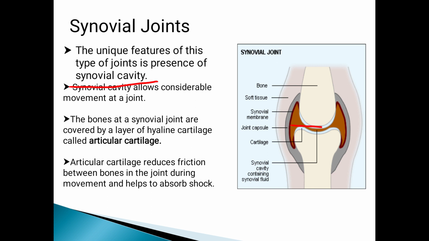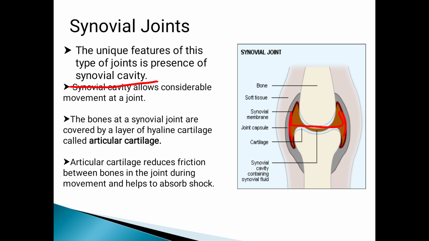So what you can see here is the synovial cavity. The function of the synovial cavity is that it allows considerable movement at a joint. So this joint comes under the functional classification of joints.